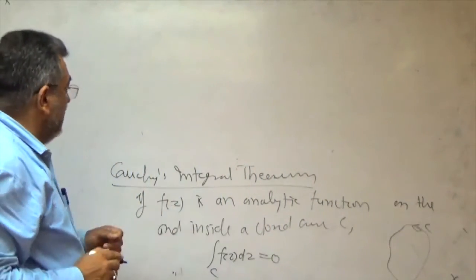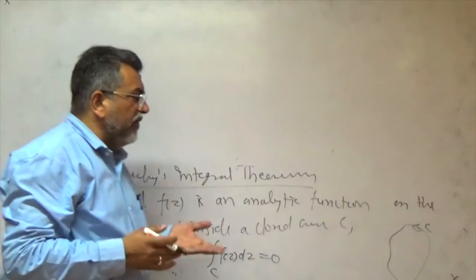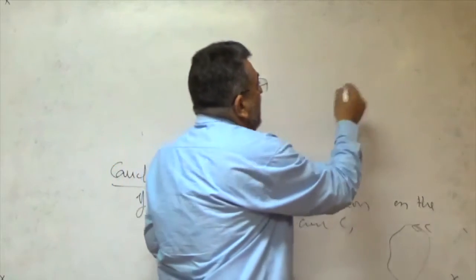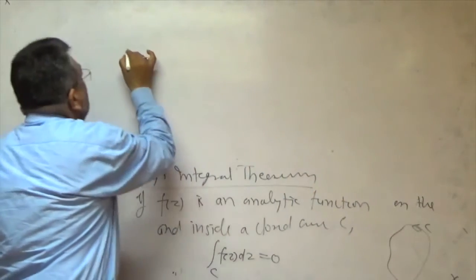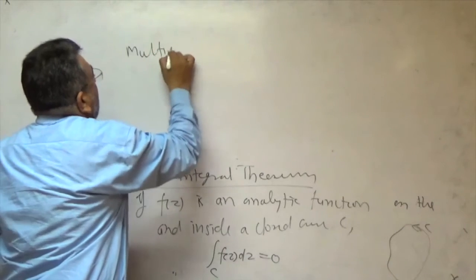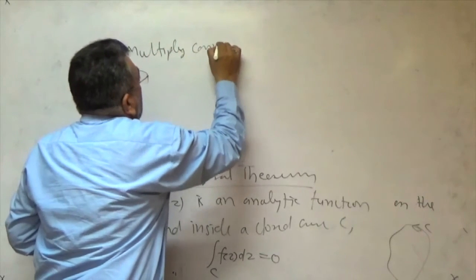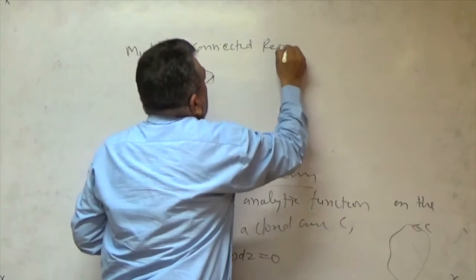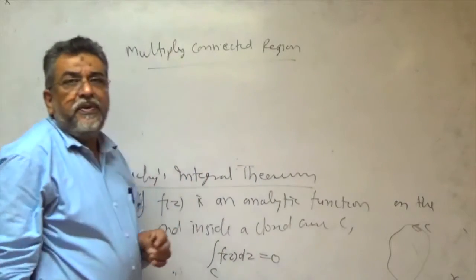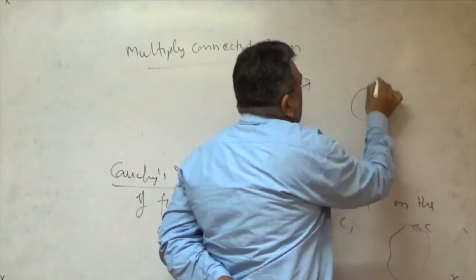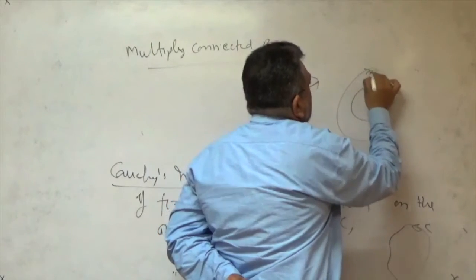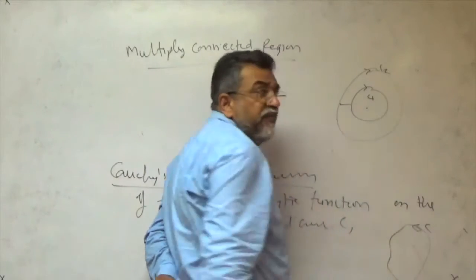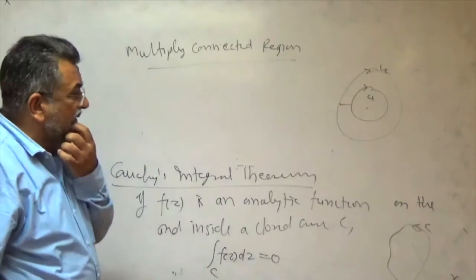And second thing, there are a number of types of curves, closed curves, arcs, and there is also a type called a multiply connected region. If we take two concentric circles, this is C1, this is C2, around the origin like that, this is a multiply connected region.